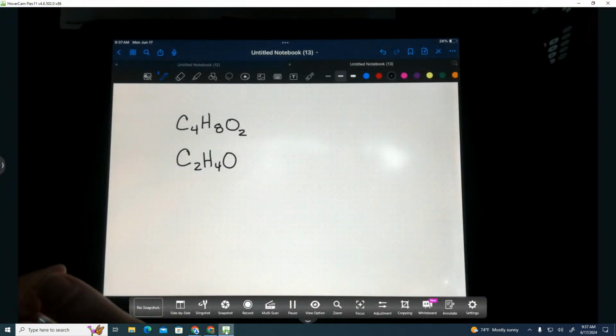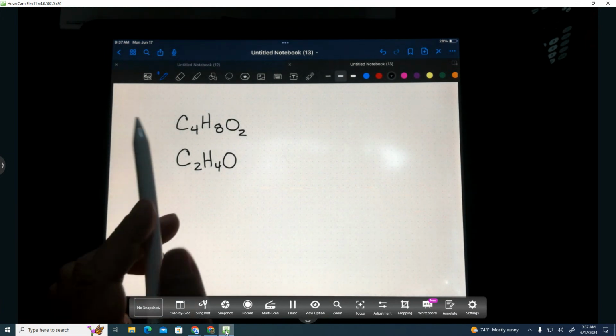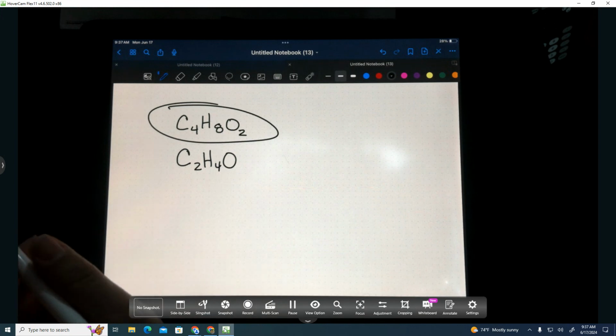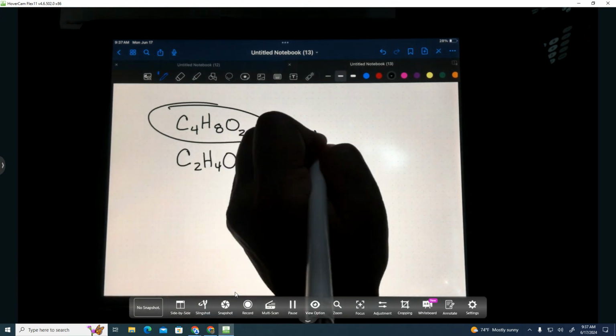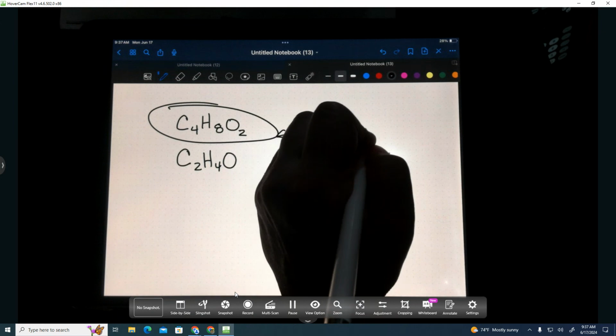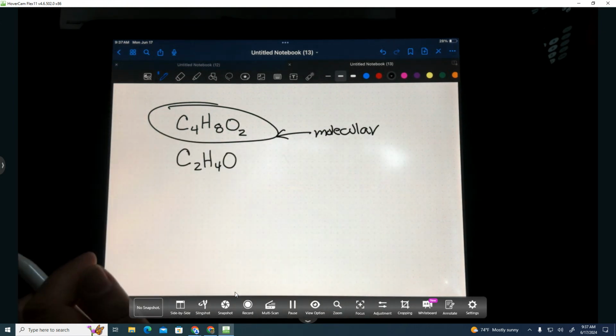Wait, so what happens if some of them can't be divided? Do I just add ones? Then that one is the empirical formula. That's the molecular right here. If they ask you for molecular, you leave it exactly like that. If they ask you for empirical, you reduce it to the lowest whole number ratio.